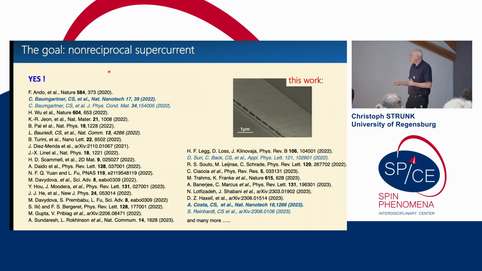I apologize to somebody who may not find his name here, but I can highlight Sebastian, who worked on this problem in the context of diffusive junctions. I can highlight Davala, with whom I had the pleasure to work last year in Regensburg, and many other people.